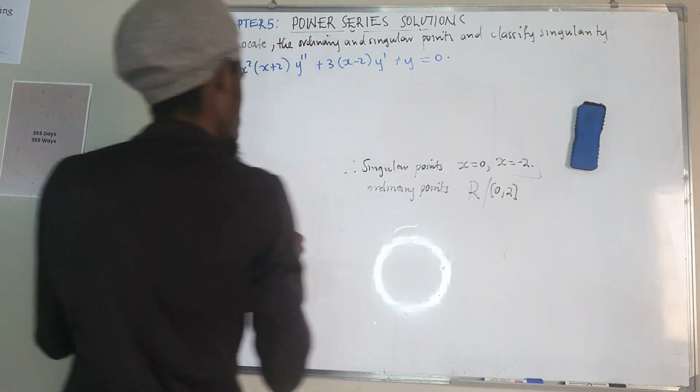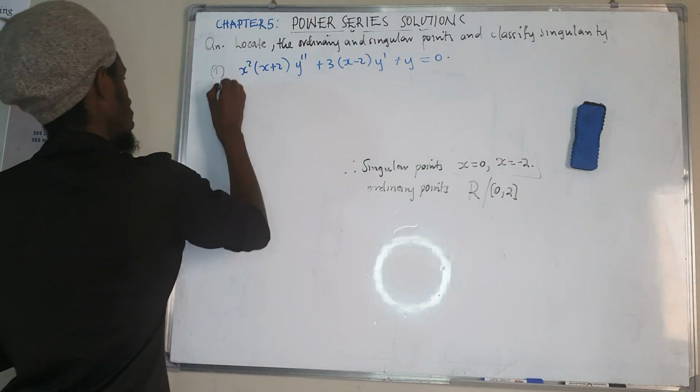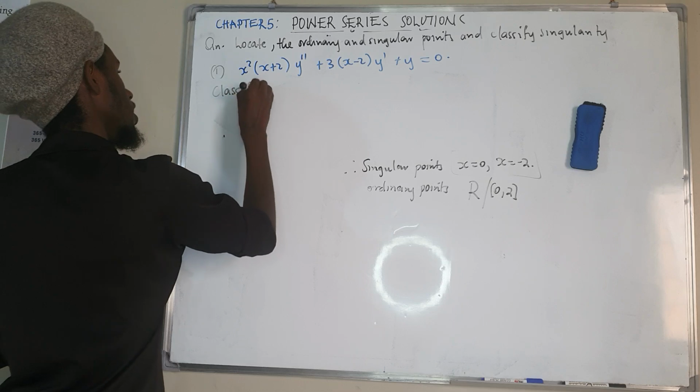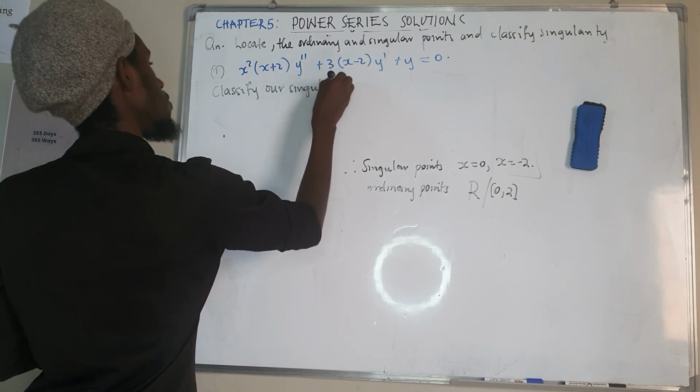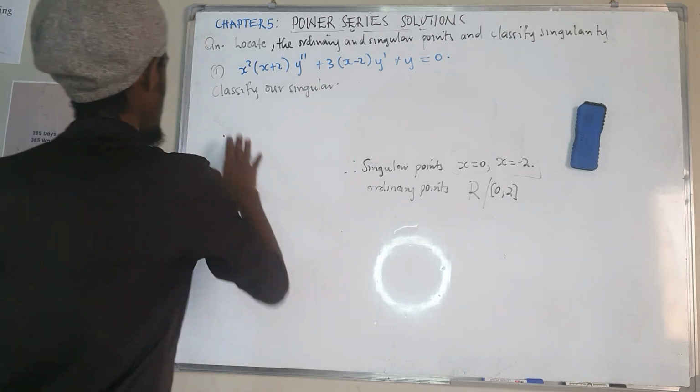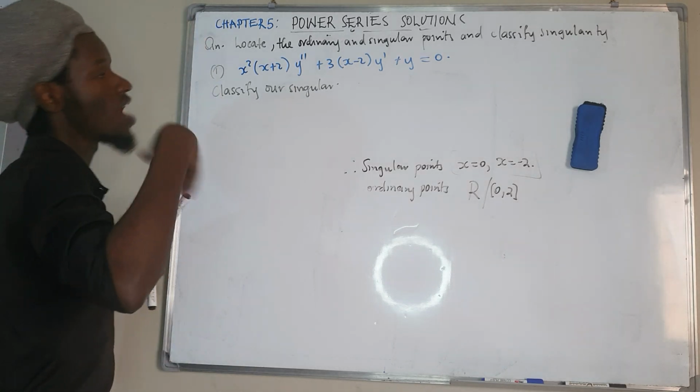Now, we are classifying the singular points we've got. Remember, the singular points may be both regular, or regular and irregular.